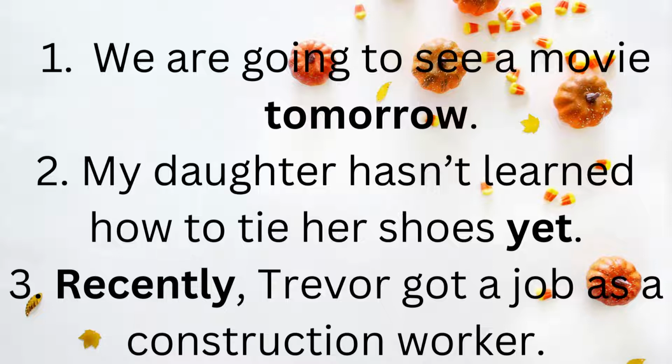It means that she does not even know at this age how to tie the shoes. Yet shows the adverb of time. Third is: recently, Trevor got a job as a construction worker. So he got a job recently. So recently shows the adverb of time.